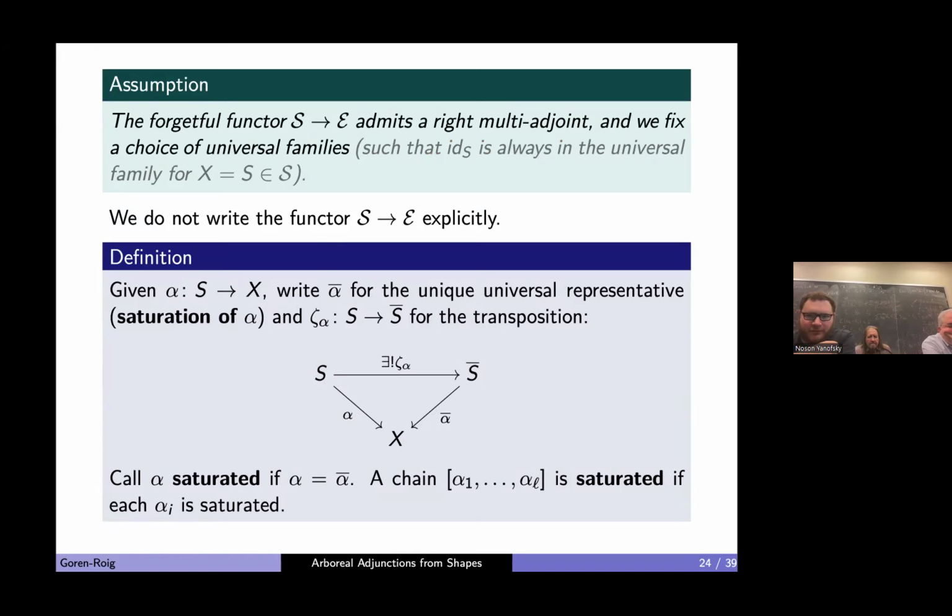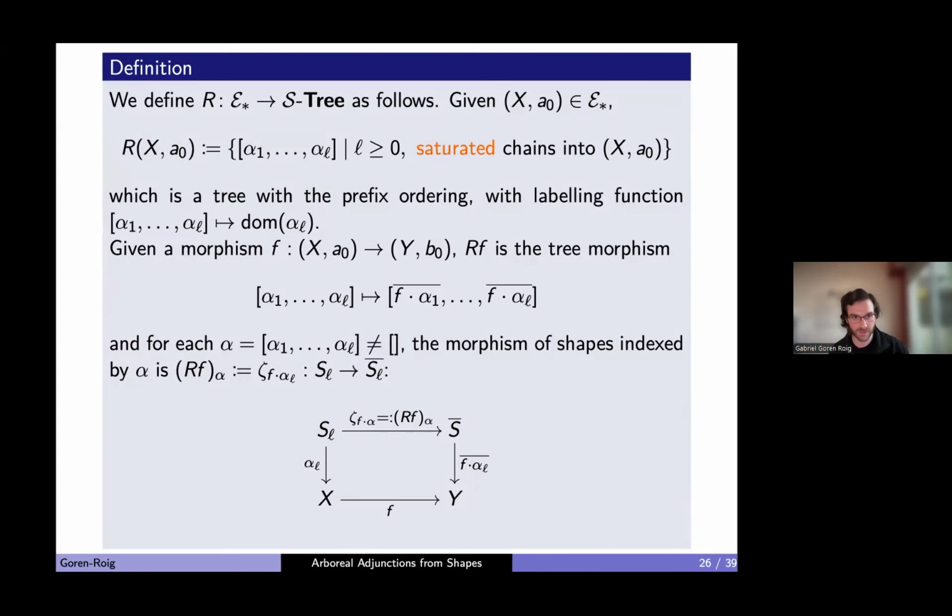You're saying given a universal family, it's saturated if it's in that thing. Yes, but it's unique up to some kind of isomorphism in the same way that a normal right adjoint is unique. Okay. So what I'm saying is kind of like fixing the right adjoint. I'm saying fix the right multi-adjoint, because if you don't fix it, this functor is actually not defined.